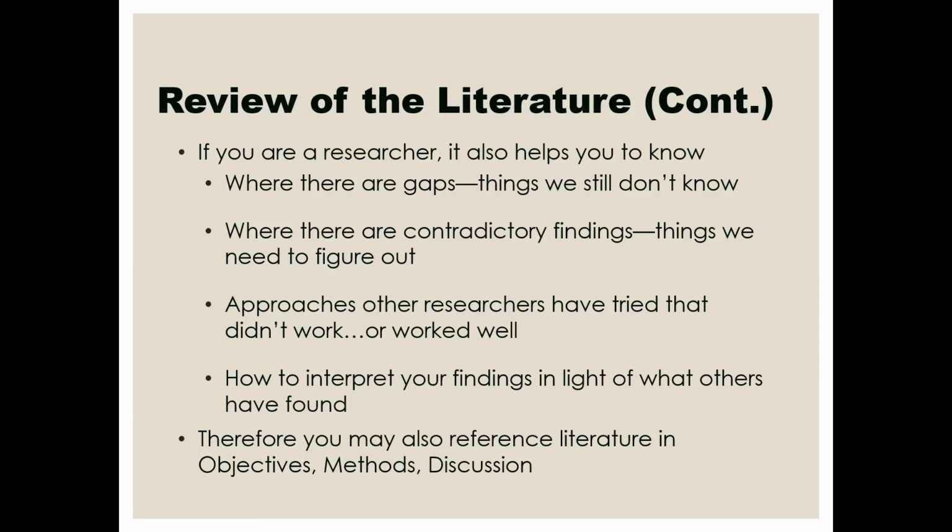Again, think of what I was talking about in the first slide, right? I know what went before me, and I know where more of my work is going to fit in this. And I want to give you a word about gray literature. Academic peer-reviewed journals are what we use.